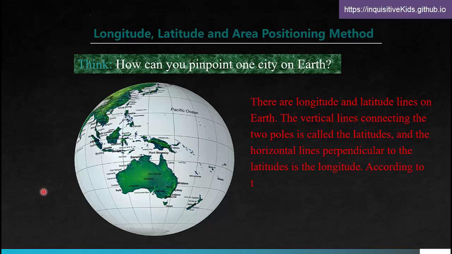According to the latitudes and the longitudes, the correct position of any point on the Earth can be determined. So you can think of this as generally creating a grid, an intersection of lines on the Earth to help us identify which longitude and which latitude to point to.